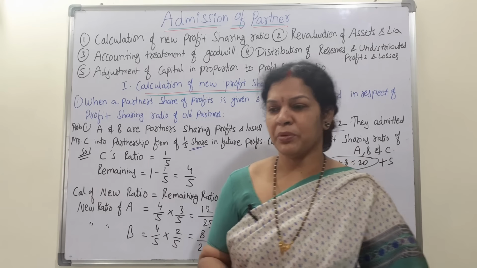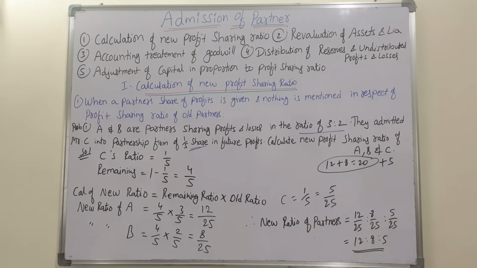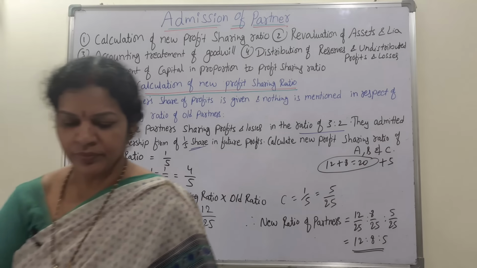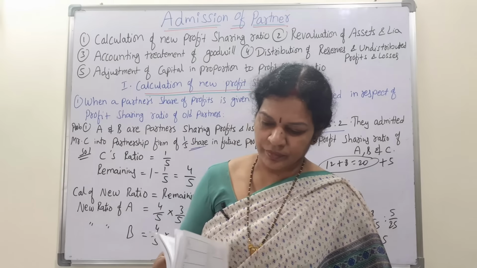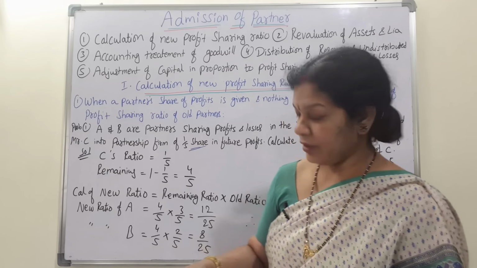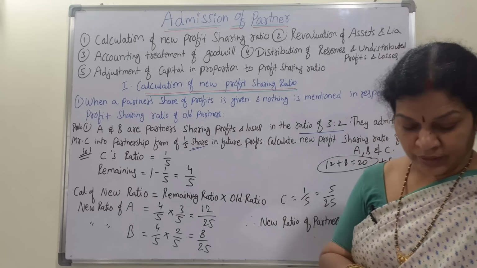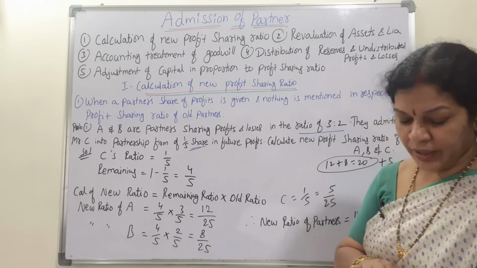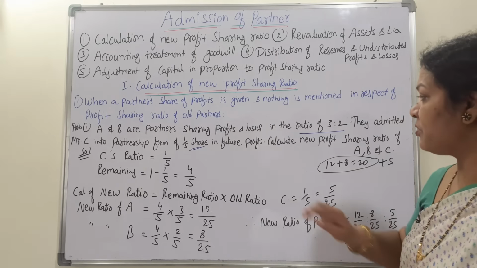Shall I give you one problem for homework? Same problem, but say A and B are sharing profits in the ratio 4 is to 3.